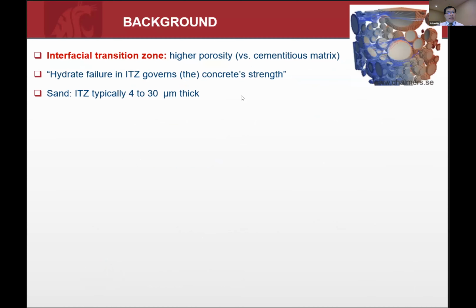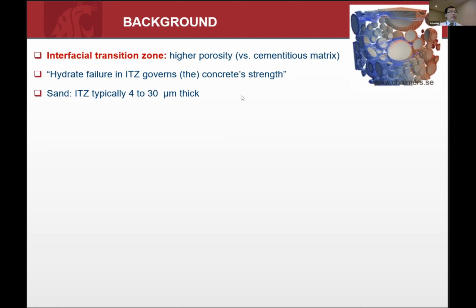So a little bit of background. Why do we target the sand, the aggregate and cement paste interface? Because that's a phase which is kind of the weakest link. It's called the interfacial transition zone, and any cement paste surrounding the sand particle, for instance, is a weaker cement paste with higher porosity and weaker strength.